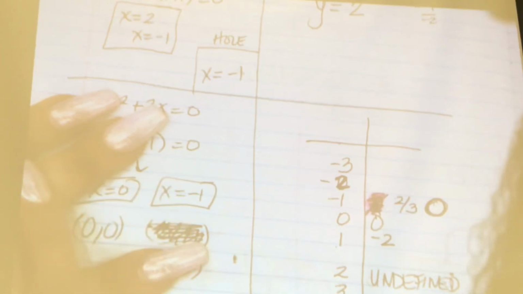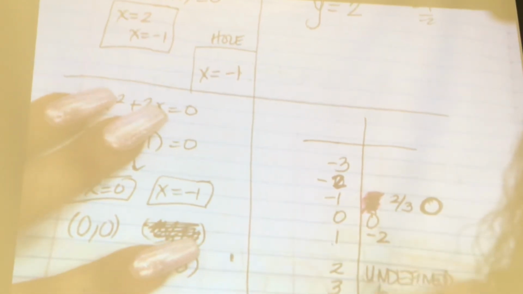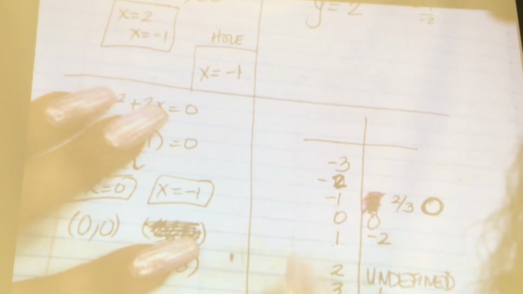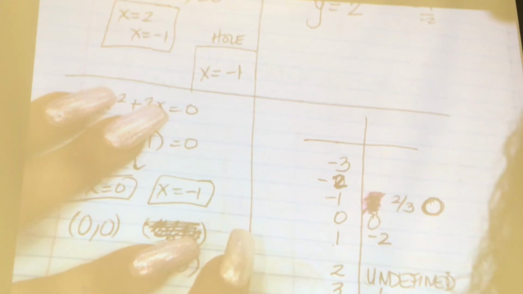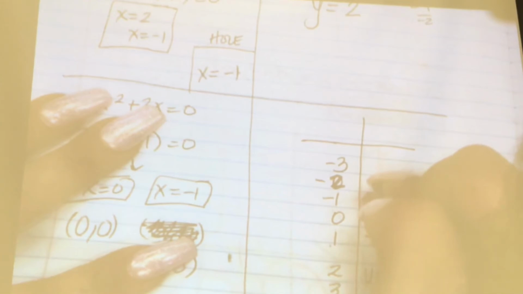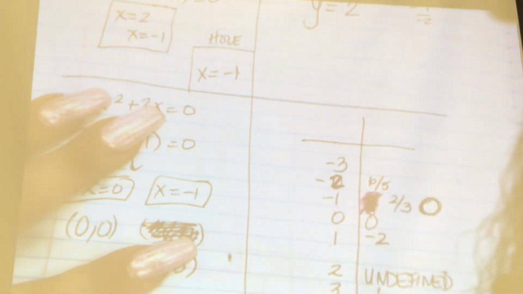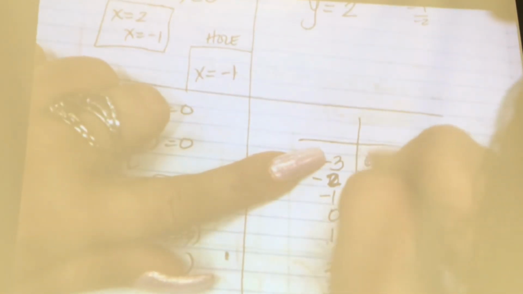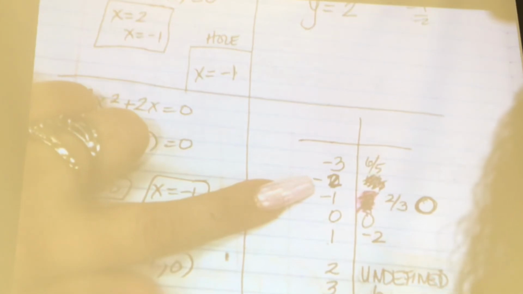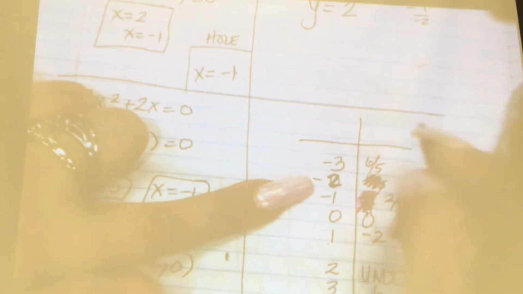What you got? 6, 4, and then 10 over 3. Dylan, is that what you got? All right, did you get negative 2 and negative 3? What'd you get, Dylan? 6 over 5 for negative 3. And then did you plug in negative 2? Got 1.